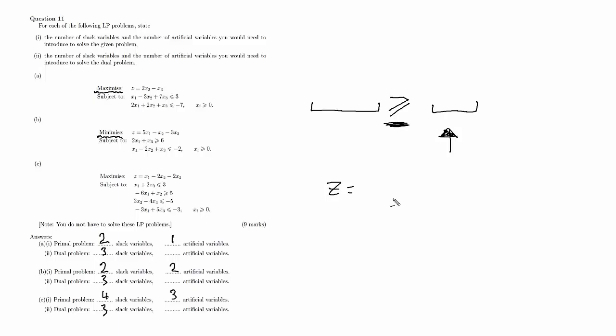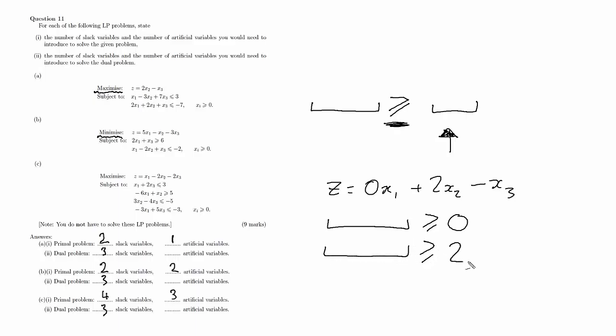So for part A, our objective function is really 0x1 plus 2x2 minus x3. So our constraints would be of the form something greater than or equal to 0, something else greater than or equal to 2, and something else greater than or equal to minus 3. 0 is not a positive number, so this one does not count as one of the forms that we need. 2 is a positive number, so that is one of the forms that introduces an artificial variable.